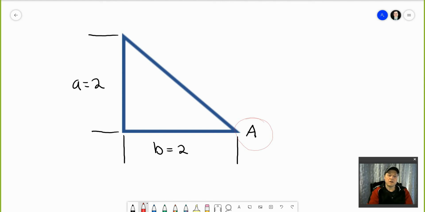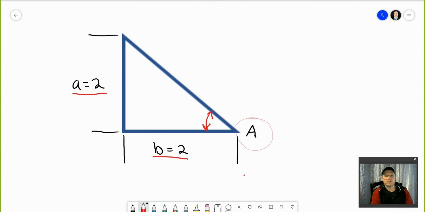So we're going to talk about angle A here for a moment. Okay, so this is angle A in here. Because this is the angle that we are talking about, it directly is influenced and can influence this side and this side.